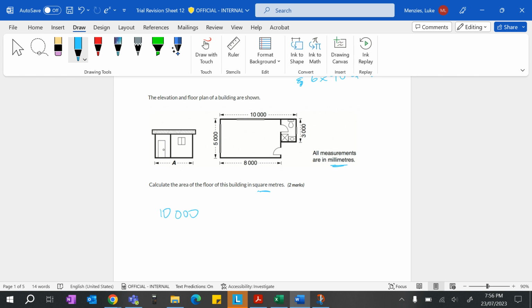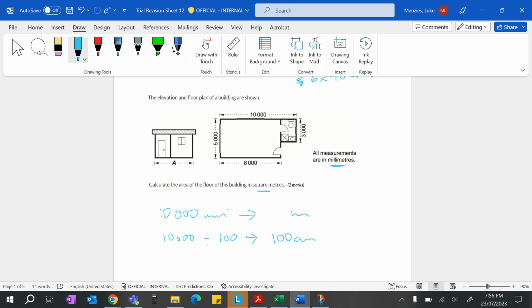Big important thing: all measurements are in millimeters. So to get from millimeters to centimeters, we divide 10,000 by 10, and that gets me into 1,000 centimeters.